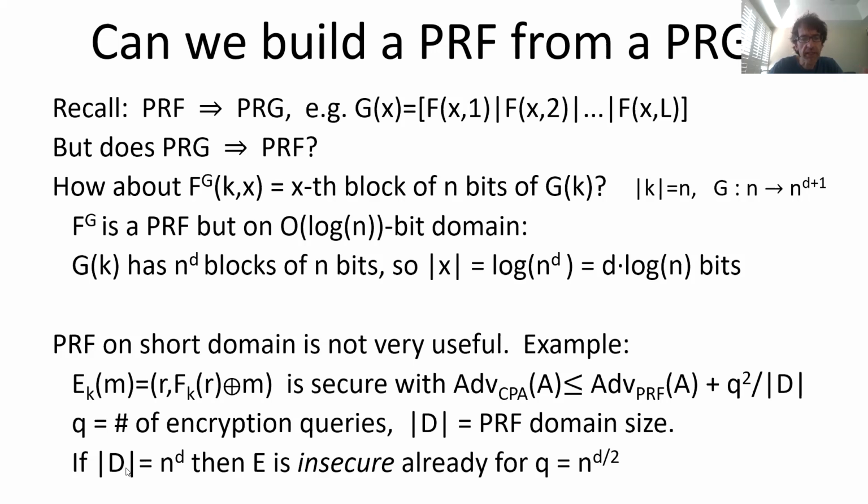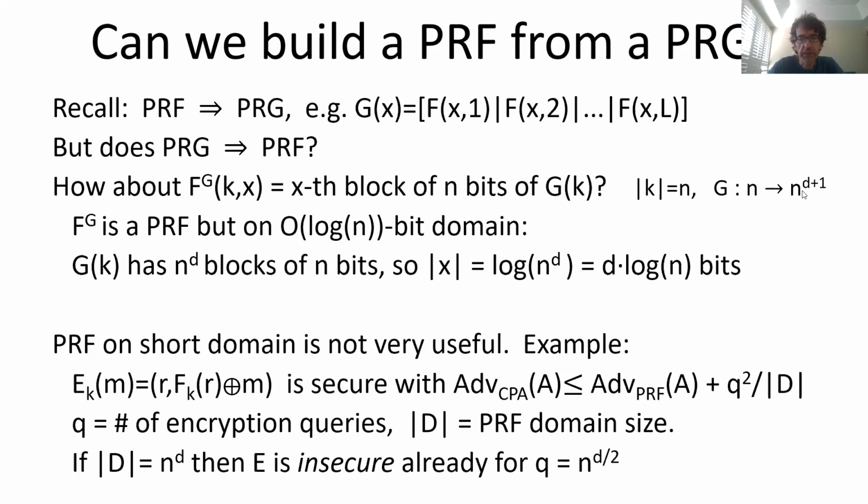But if the domain is essentially polynomially sized, because there are only n to the d blocks, then this is already insecure for Q which is the square root of that.